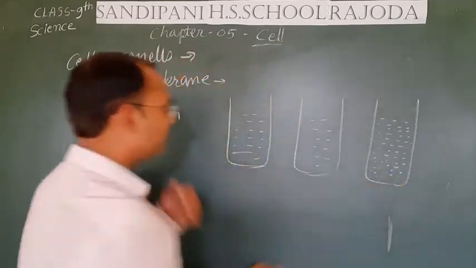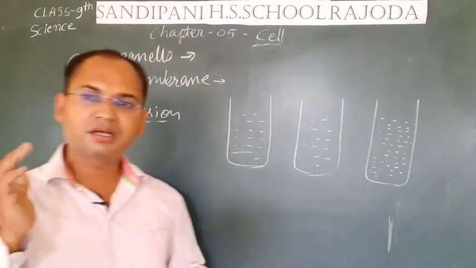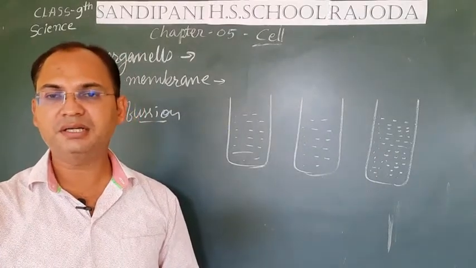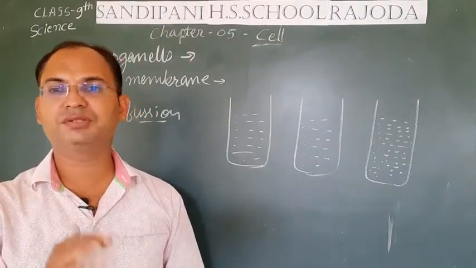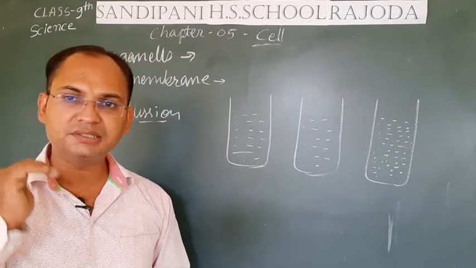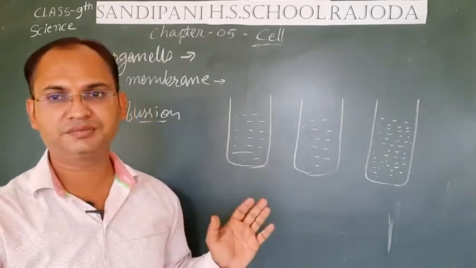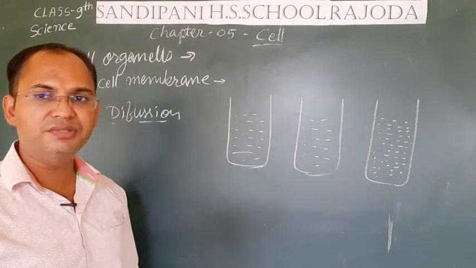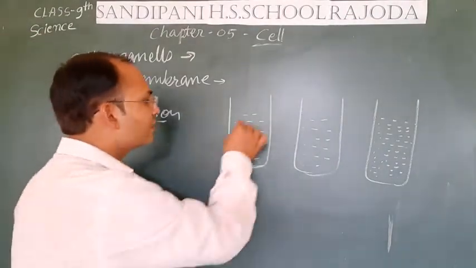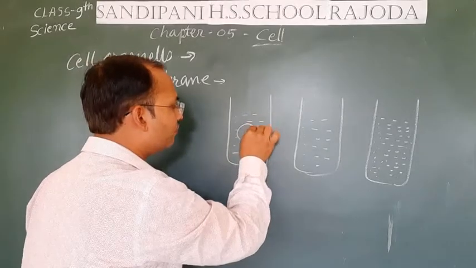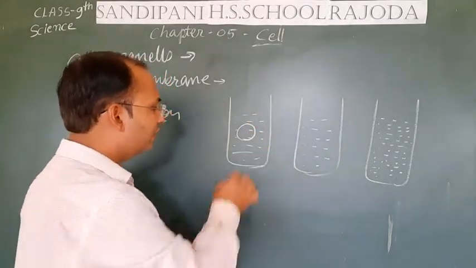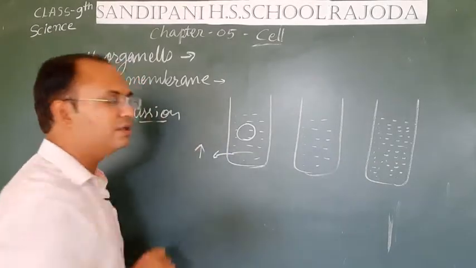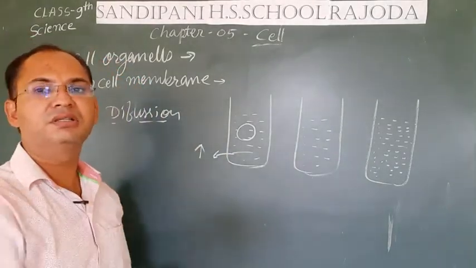Always remember students, the cytoplasm of the cell has a concentration in it, and we consider it the standard concentration for this practical. So there is some concentration of the cytoplasm of the cell. Here we put one cell and the concentration of the solution is higher than that of the cell.